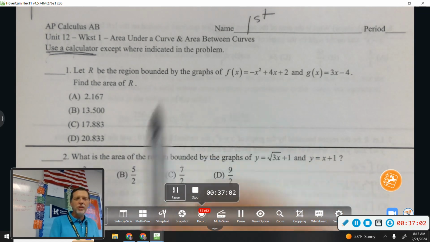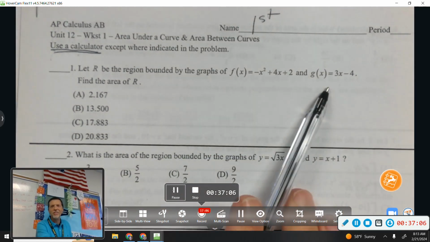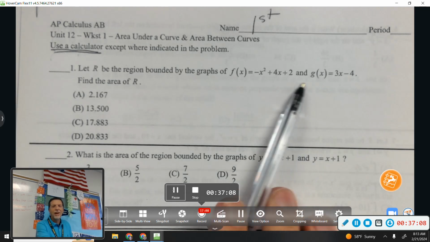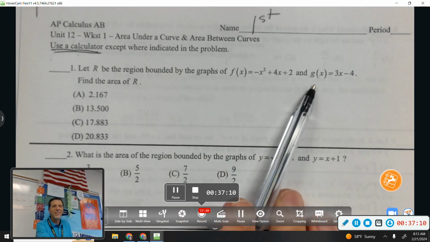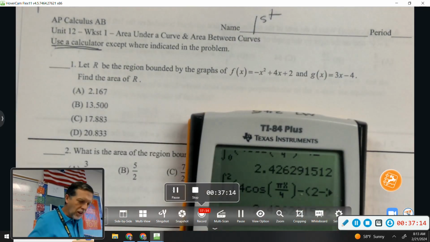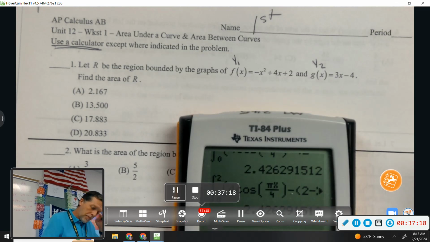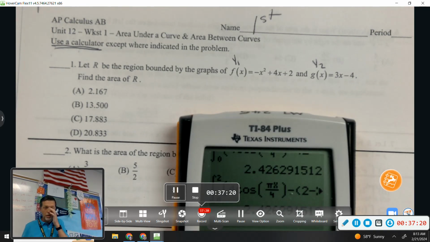Okay, here's why I wanted to do this one with you. This is different because I don't have a picture of this. So how do I get a picture of this? Graph it. You've got a calculator, so let's put those in. In fact, I'm going to go ahead and label them y1 and y2 because I'm probably going to do an integral at some point.